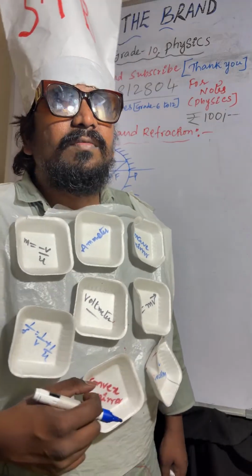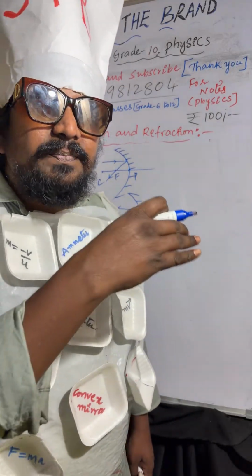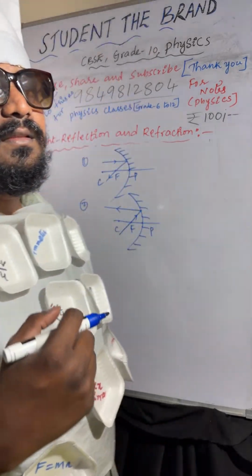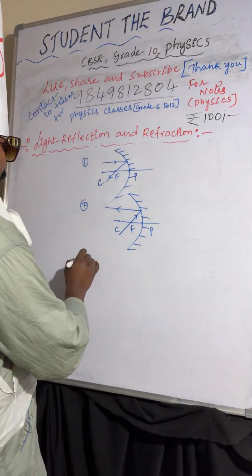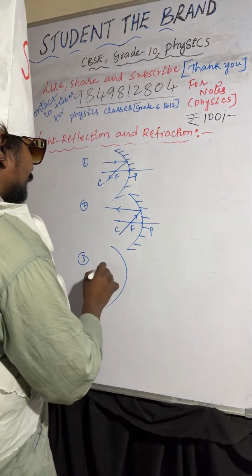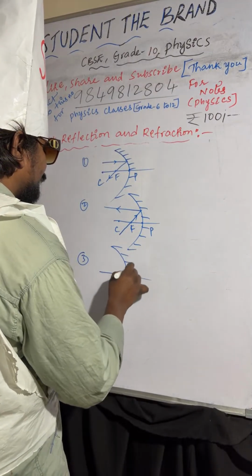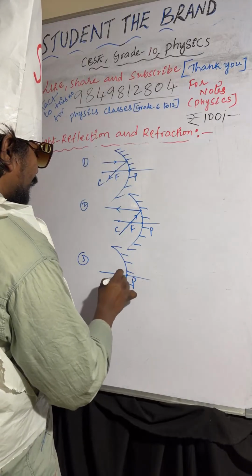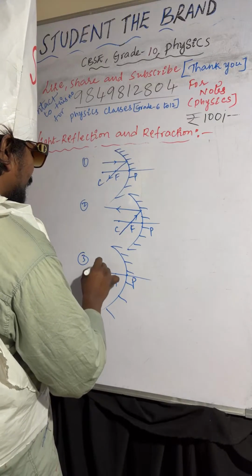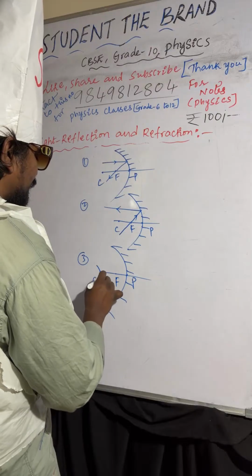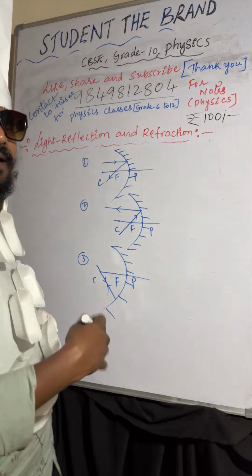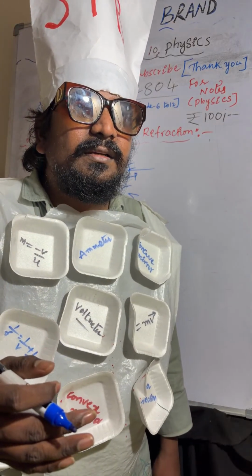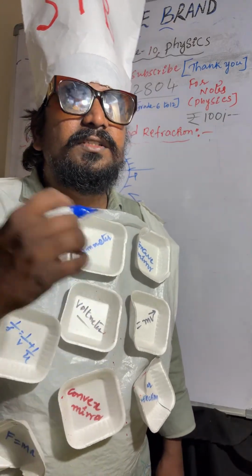Coming to the third one, the light ray passing through center of curvature retraces its original path after reflection.